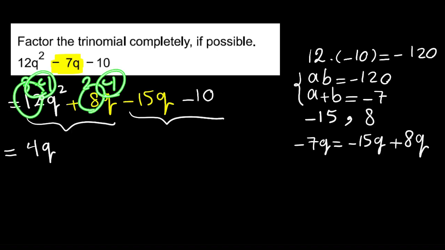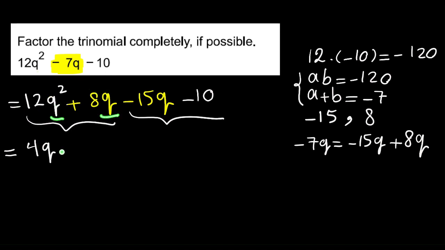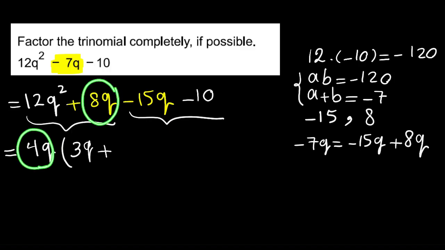And between q squared and q to the power 1, q is the common factor. 12 divided by 4 results in 3, and q squared divided by q results in q. And if we divide 8q by the common factor 4q, the remaining part is positive 2.